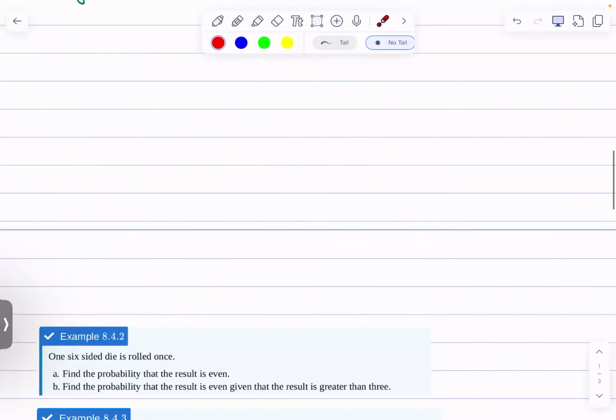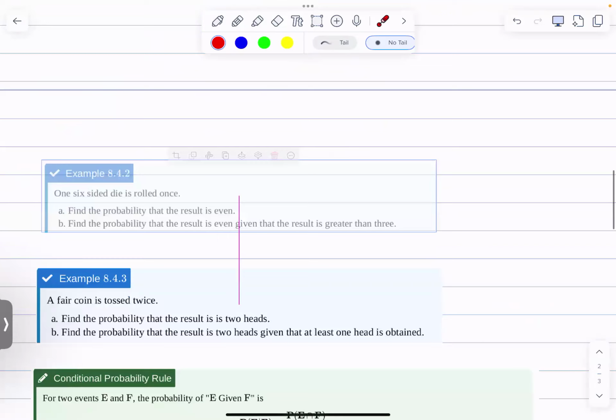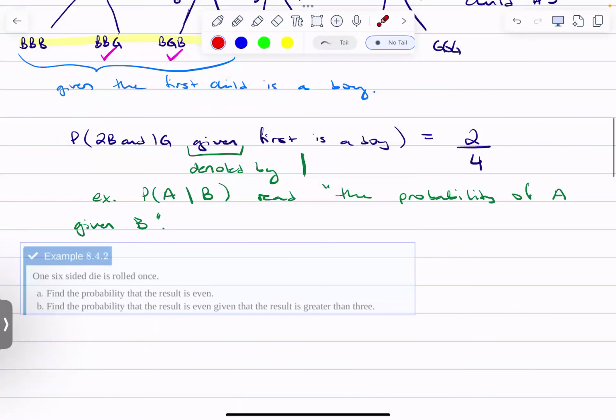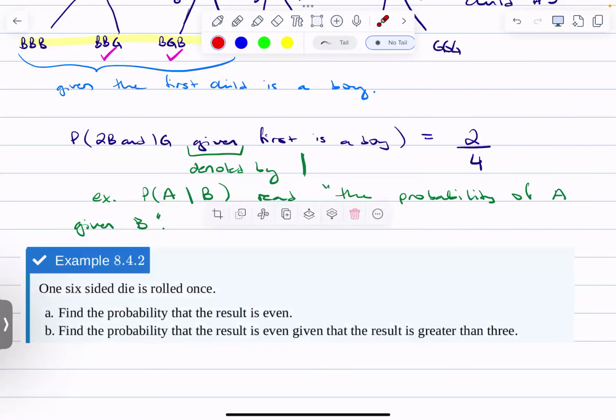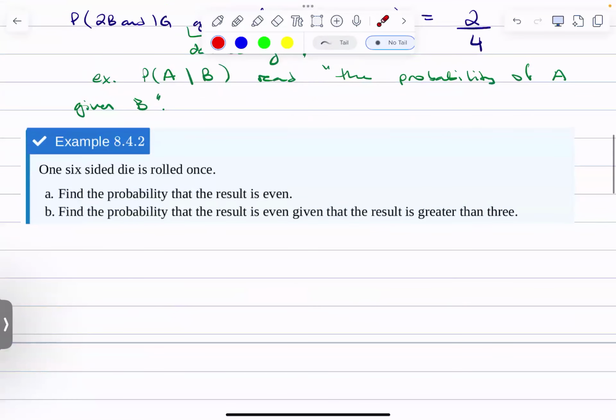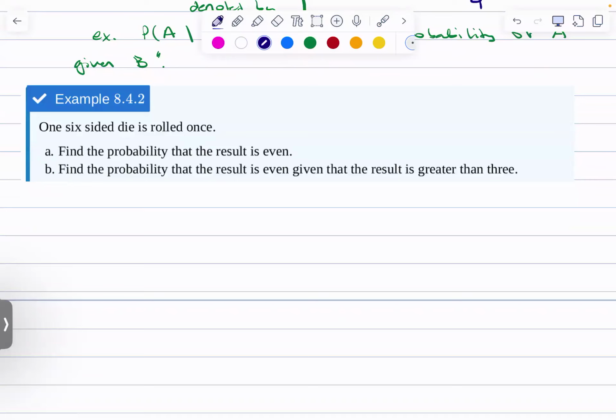Let's do another one. And like I said, you have the tools to solve these already without any formulas. So that's nice. One six-sided die is rolled once. Find the probability that the result is even. Well, what's the sample space?